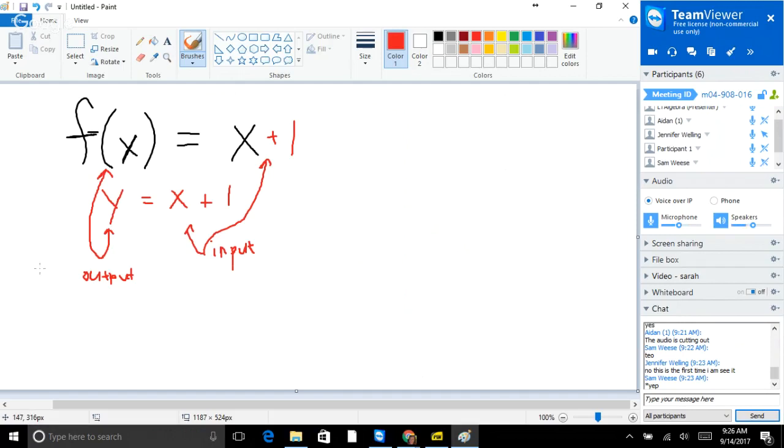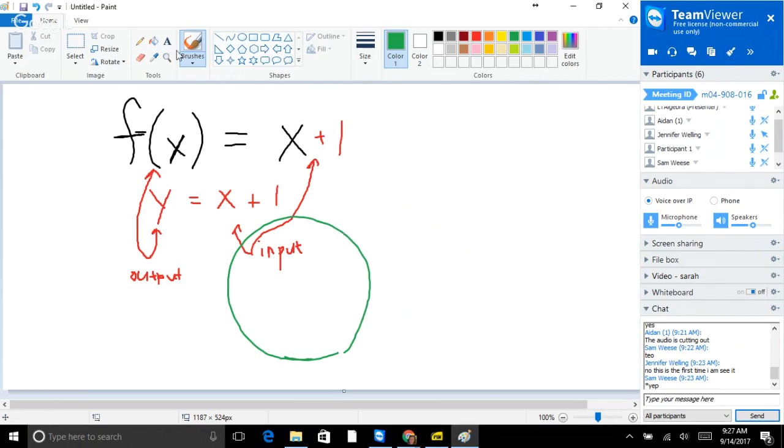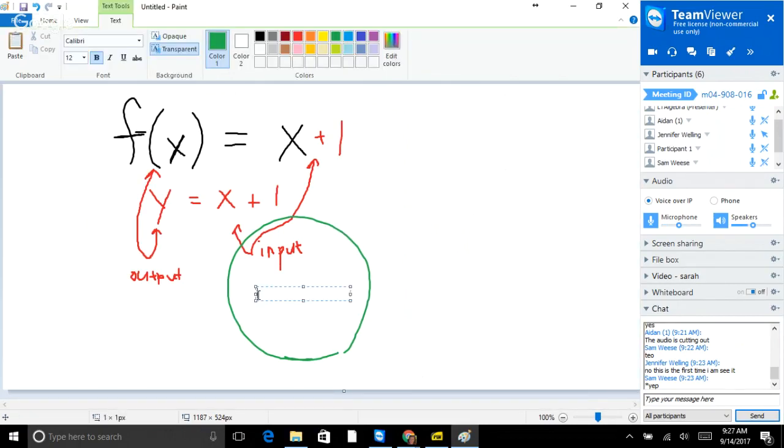So when we talk about input and output, we're basically talking about the domain and the range. Have you heard those terms before? So the domain is what you're putting in. Okay, great. So we've got our input. Another word for this we said was our independent variable, or we have our domain.